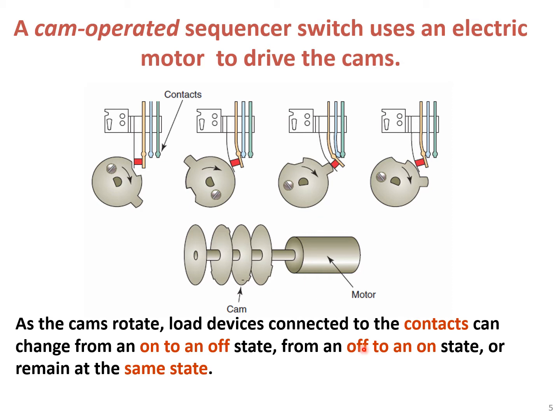Yes, so that's why they could also retain the state of one switch if the motor stops. But basically the point is that we could turn switches on and off in a specific sequence time-wise.